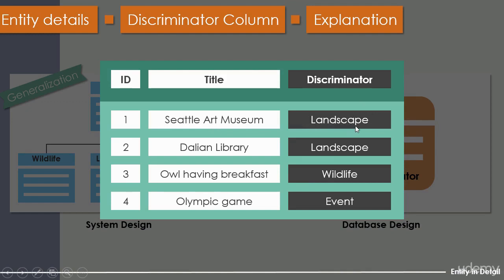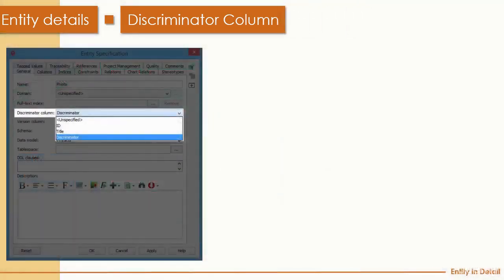You define landscape. So when you load up into memory, we will load the landscape object rather than wildlife or event. And if you take an Olympic game, this is a kind of event. So the engine will understand when we reach this row, we will return the event object to you rather than landscape or wildlife. So it is so powerful, the discriminator column.